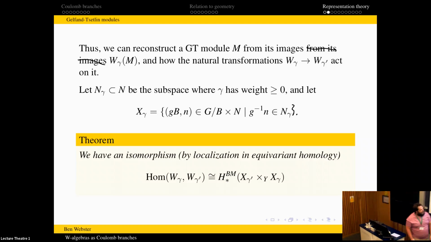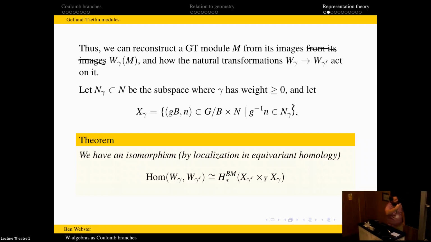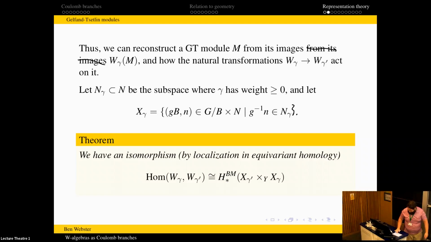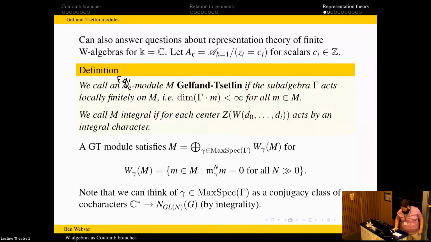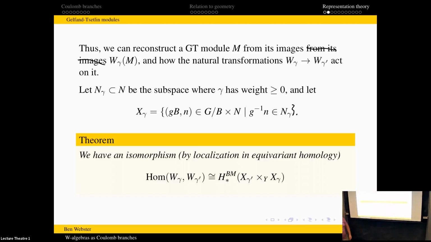And there's a vector bundle I can cook up from that. There's a Borel, I should say, since this is conjugacy classes of cocharacters, so I can assume that it's dominant. So that subspace is invariant under the Borel, and I can cook up the associated vector bundle on the flag variety, which now has a map down to N.